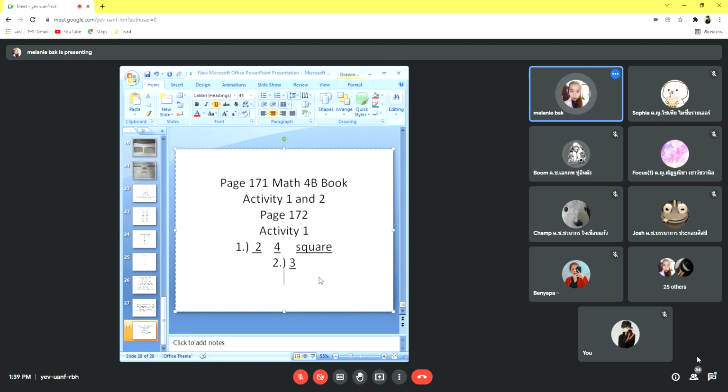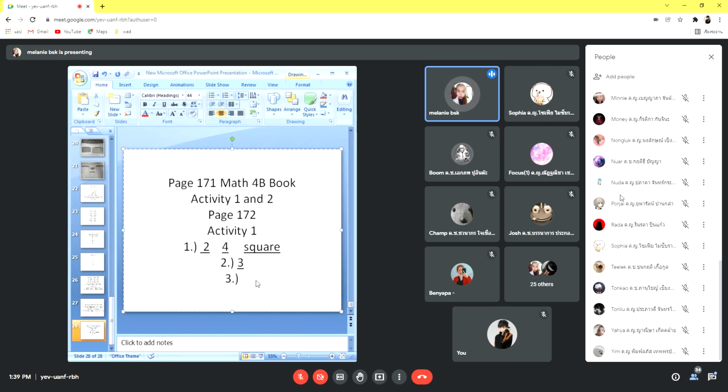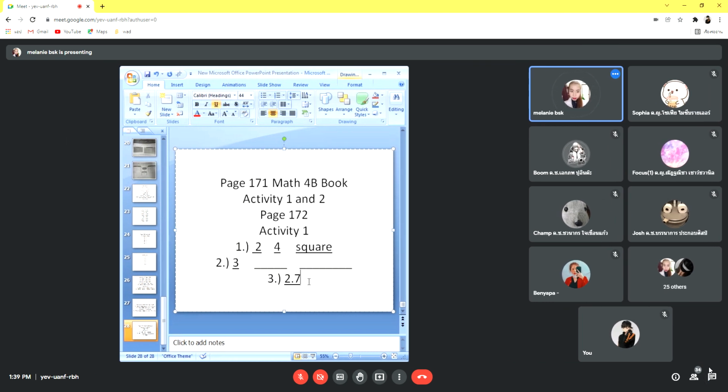Next we have number 3. For number 3, each side of figure 3 is 2.7. That's your bonus for the first blank only, children. You will be the one to answer for the next blank.